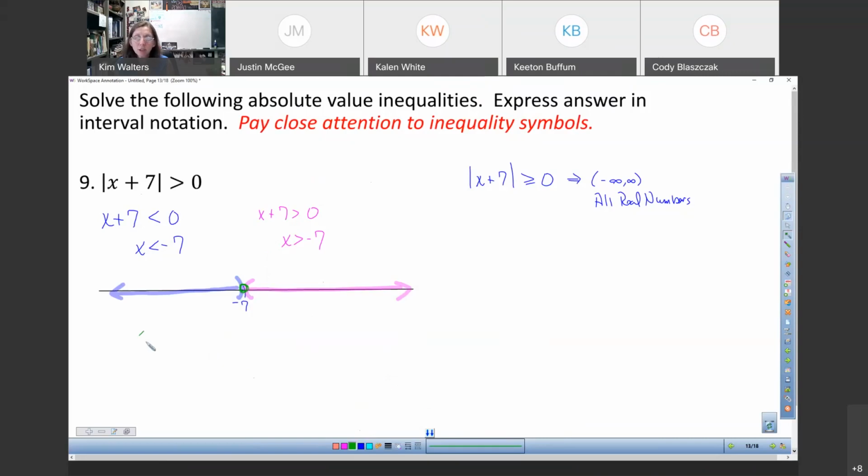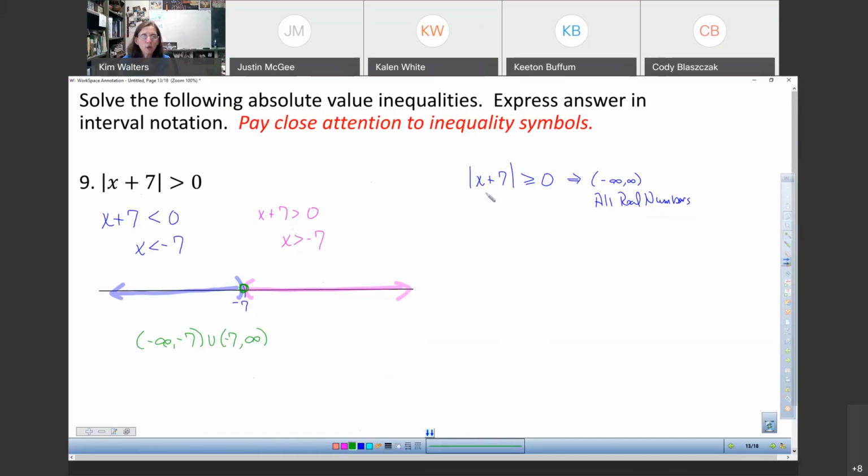And so my solution interval looks like this: negative infinity to negative 7, union negative 7 to positive infinity, because I don't actually use that negative 7. And that's basically what happens: I'm pulling out that one value that makes this absolute value equal to 0. So I think this is a little bit easier way to solve it than some other ways.